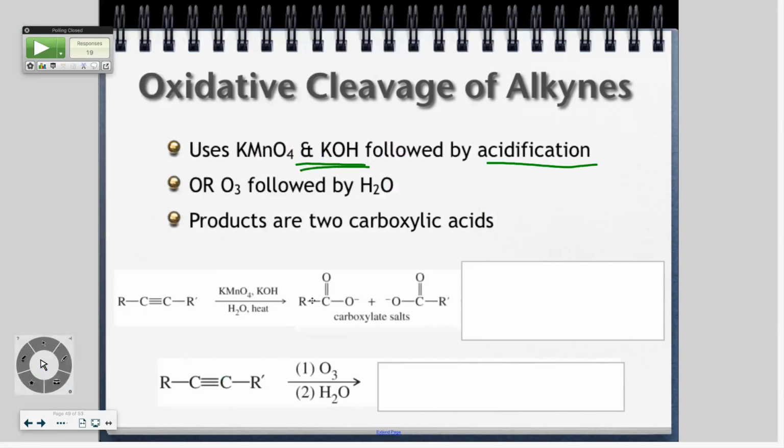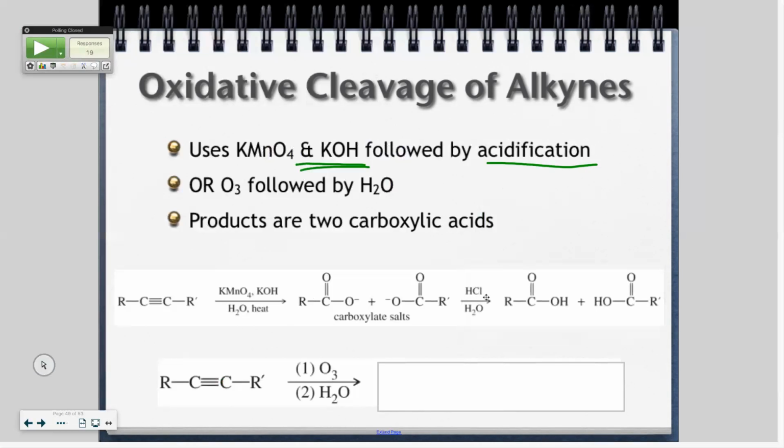these carboxylate salts. Okay, these carboxylate salts are negatively charged because it's in base. So as soon as one would form, it would be deprotonated. So in order to get them protonated, you have to go through the step of adding HCl and H2O. So have you done a reaction yet where you have to acidify it to like a pH of 2?